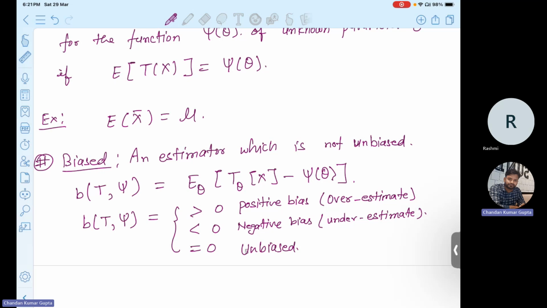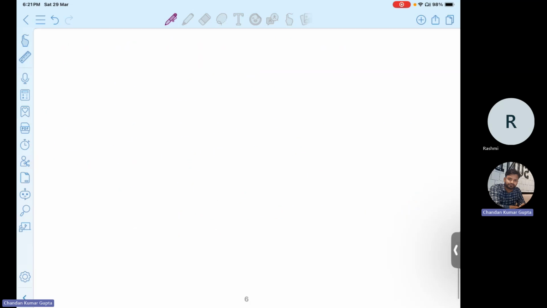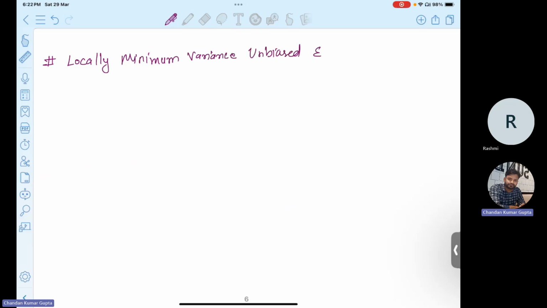So yes. Now, since we have discussed unbiased statistics, we have the locally minimum variance unbiased estimator, that is LMVUE.